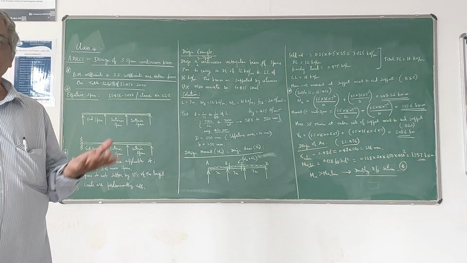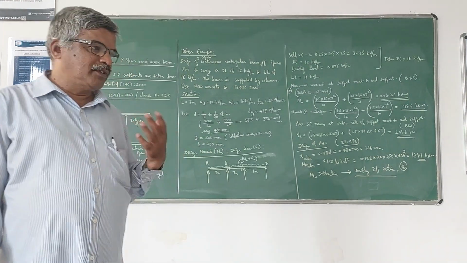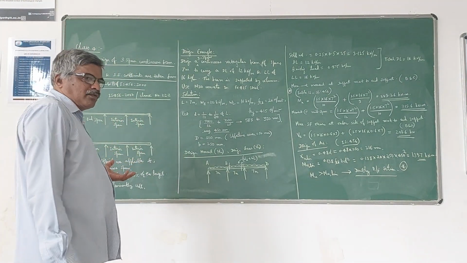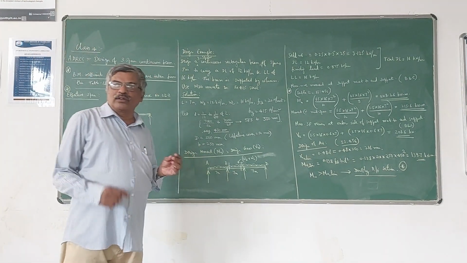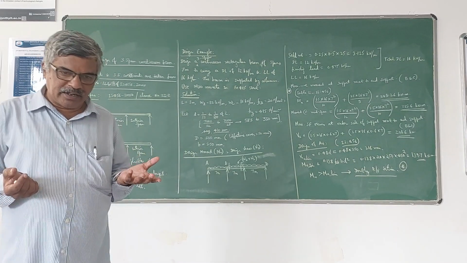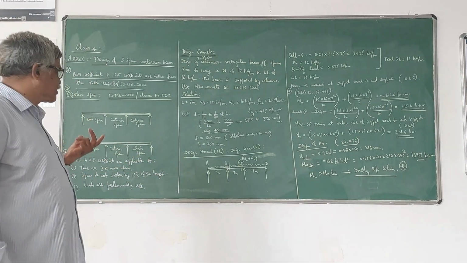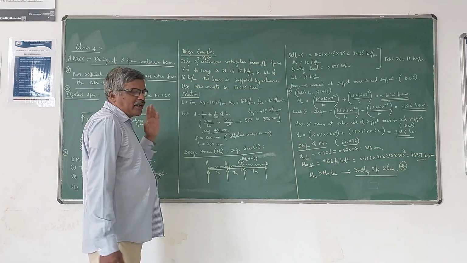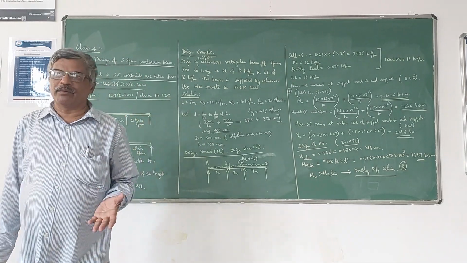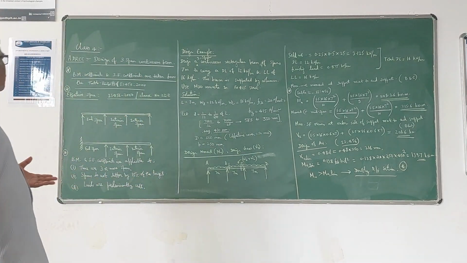Normally continuous beams are the beams which we come across in the case of building frames. If a beam has more than one span, then it is a continuous beam. It is supported by columns, or it may be supported by walls at the ends.